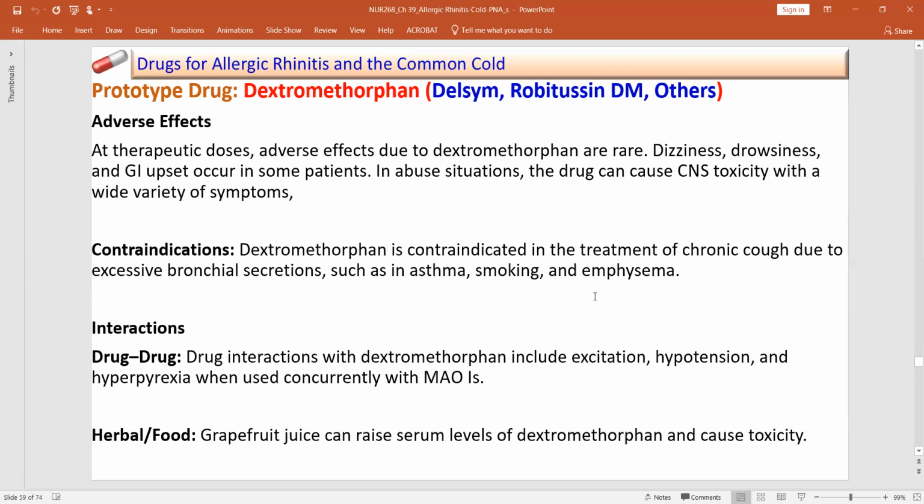In the adverse effects in abuse situations, the drug can cause CNS toxicity with a wide variety of symptoms, such as slurred speech, ataxia, respiratory depression, seizures, coma, or toxic psychoses.